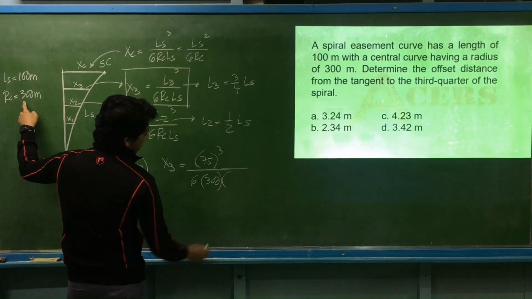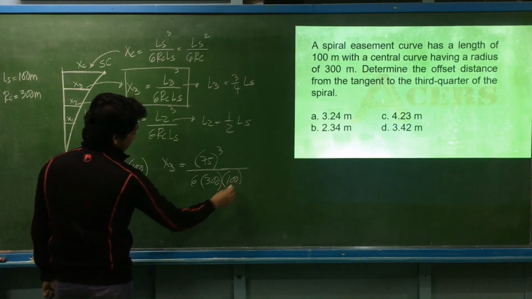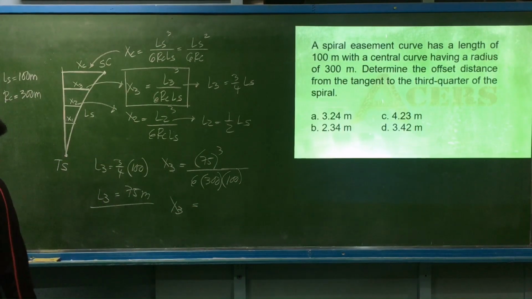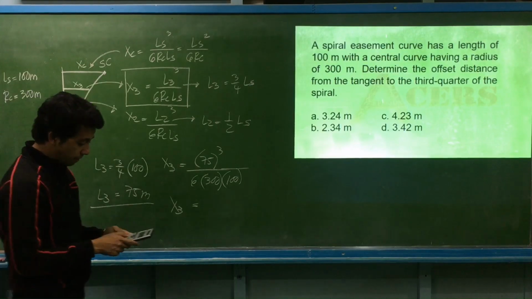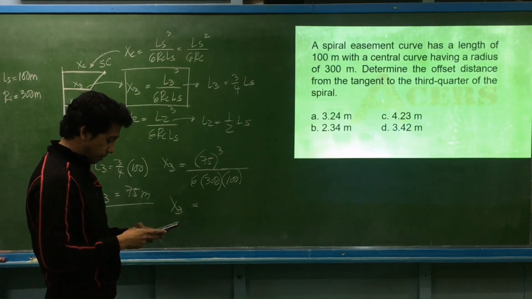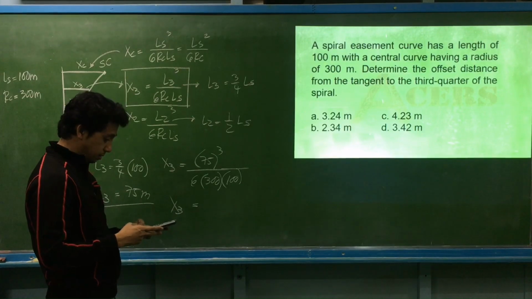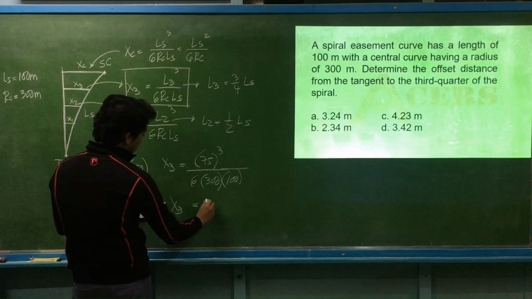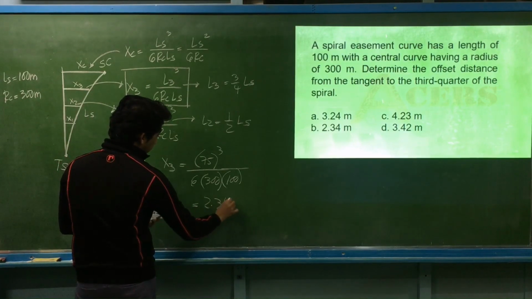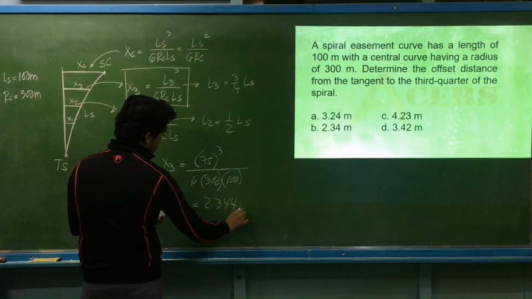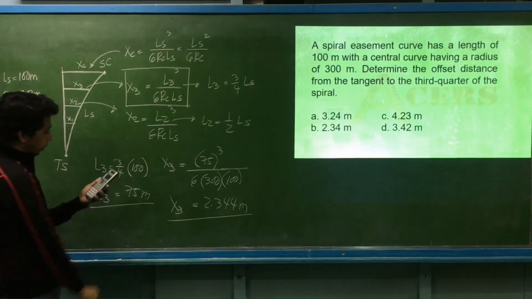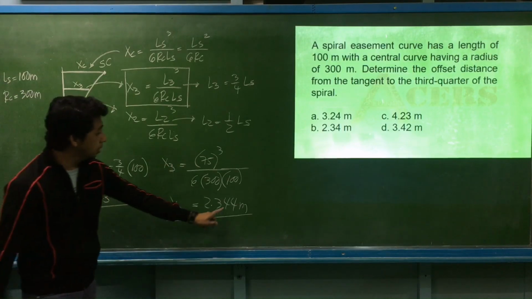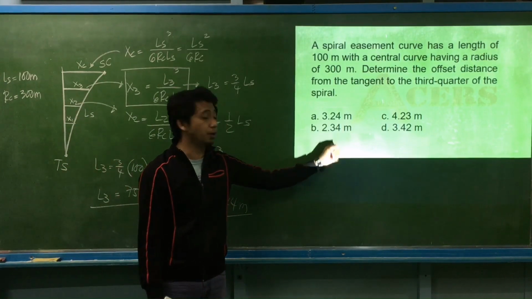Then, the length of the spiral is 100. So, this is the third quarter offset. You have 75 cubed divided by 6 divided by 300 divided by 100. So, third quarter is equal to 2.340 meters. 2.34375 or 2.344. So, letter B for this problem, 2.34.